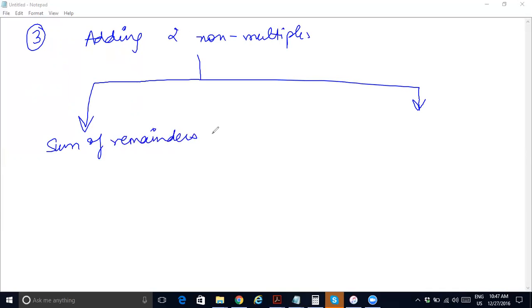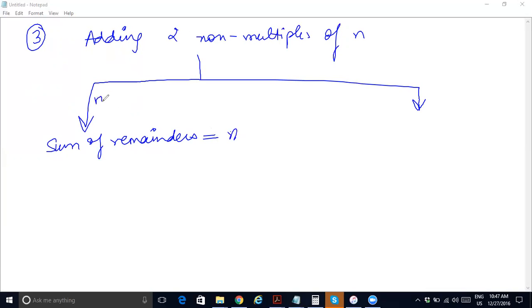In the first, the sum of remainders is n. Adding two non-multiples of n, which remainders?